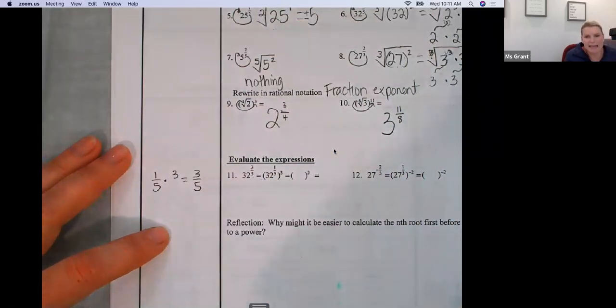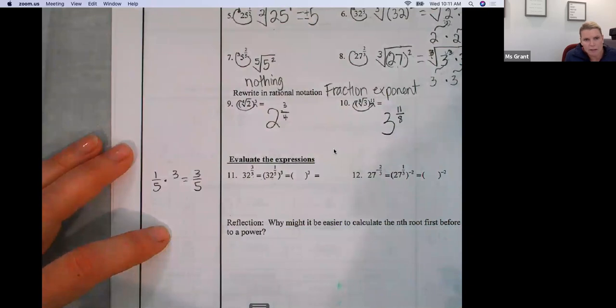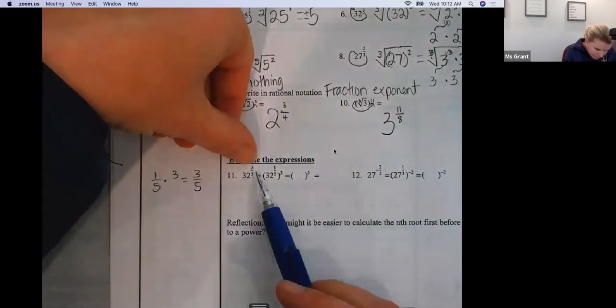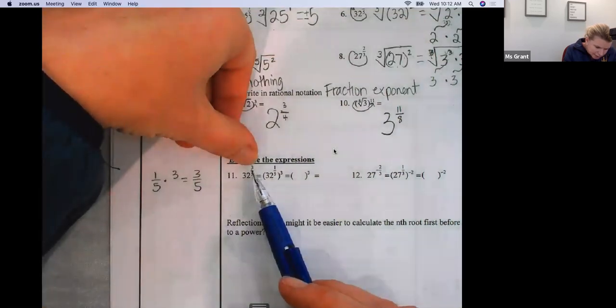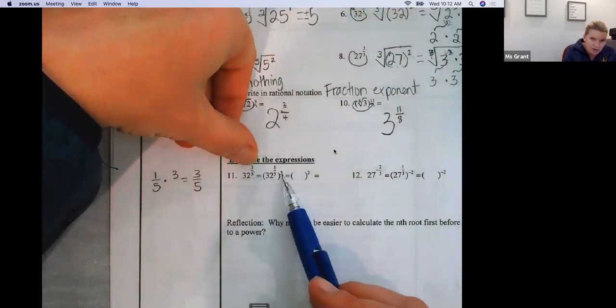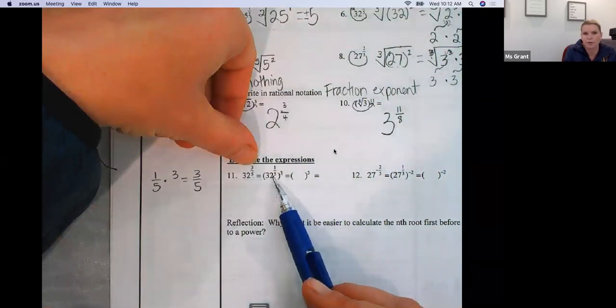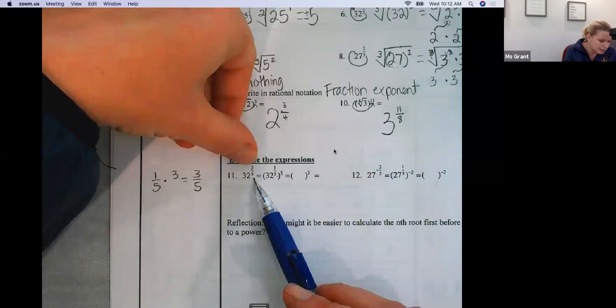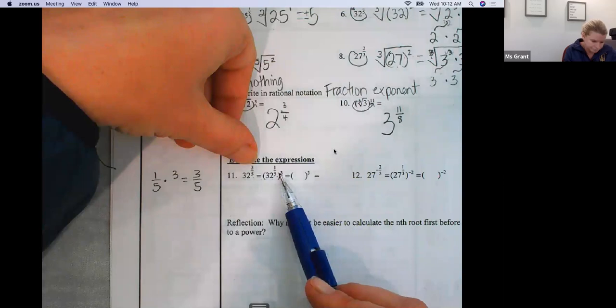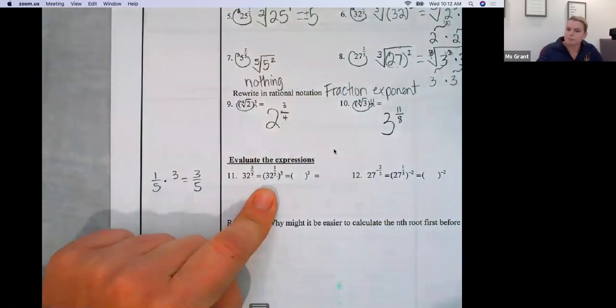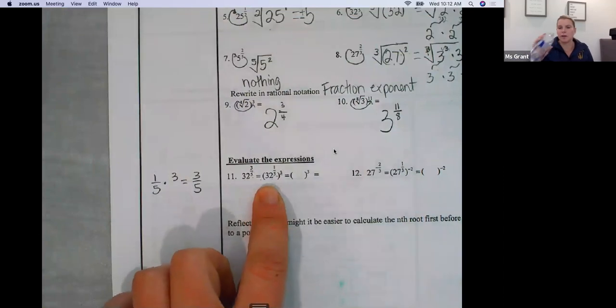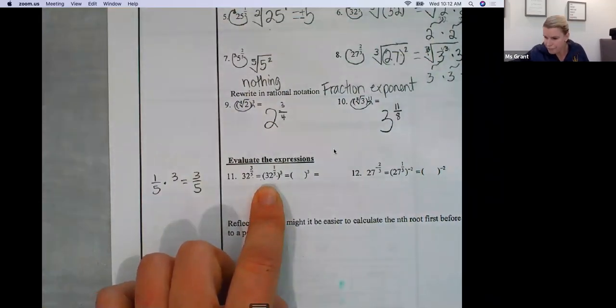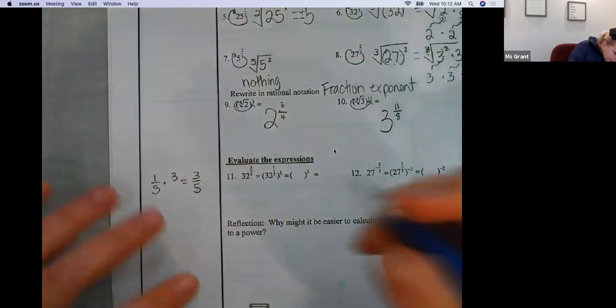So I'm basically taking the numerator out. Look at this 3. I decided that I would do 32 to the 1/5 to the 3rd because 1/5 times 3, I would multiply those if I needed to. 1/5 times 3 is 3/5. So I worked backwards and I started with whatever the numerator was and I pulled that out and made it on the outside of the parentheses. The reason you do that is because 32 to the 1/5 is, look.